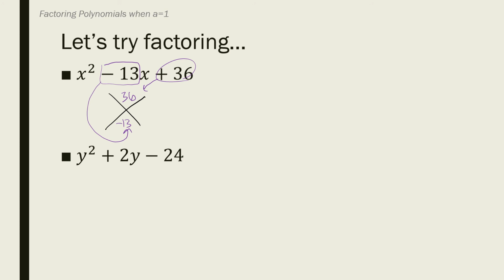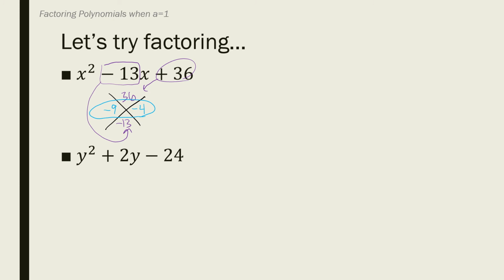Hopefully you came up with negative 9 and negative 4. Negative 9 times negative 4 gives me positive 36. Negative times negative is positive. And negative 9 plus negative 4 gives me negative 13. So that works out.